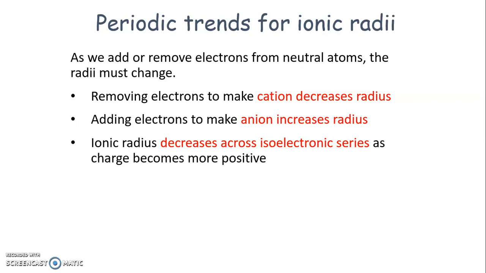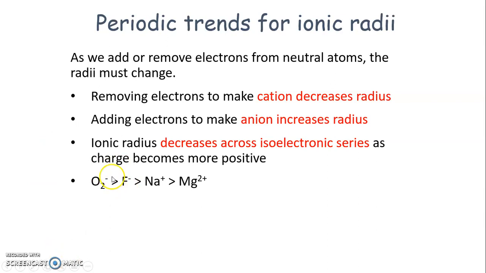That's just a big word that says you can write a series of ions, as we're about to do, that all have exactly the same electron configuration corresponding to a particular noble gas. So if we consider the noble gas neon, we can consider the trend in ionic radii of a series of ions that all have that configuration.